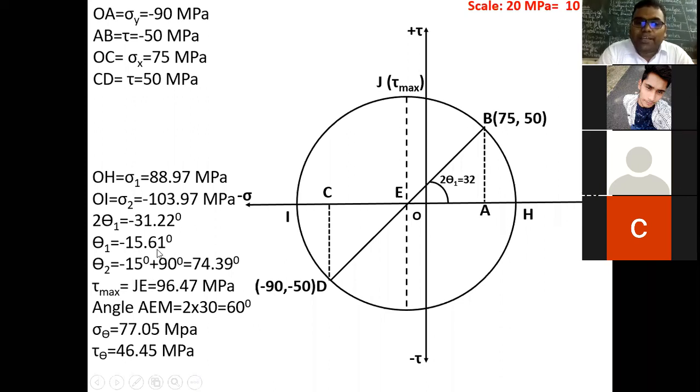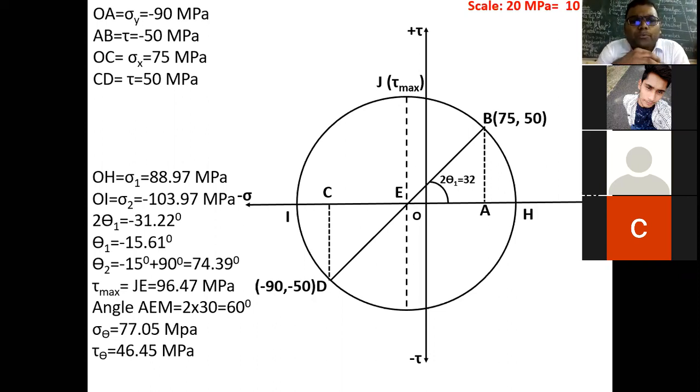Likewise, you just add 90 degrees, then you will get the orientation of theta 2, meaning the orientation of the minimum principal plane or second principal plane. Now the turn is to calculate the tau max.